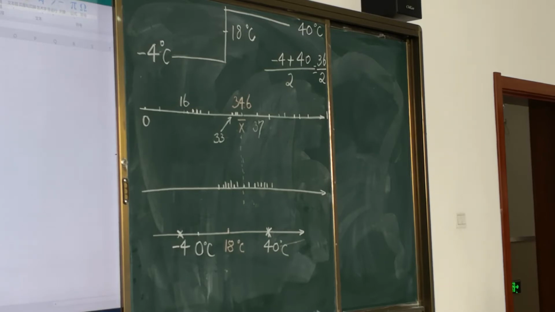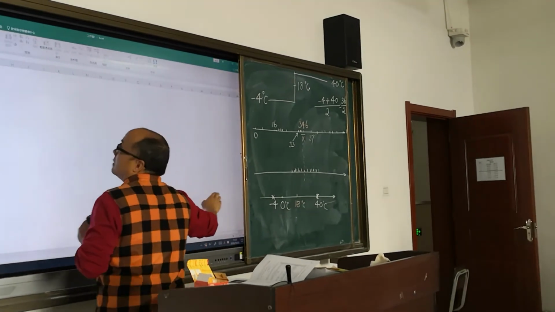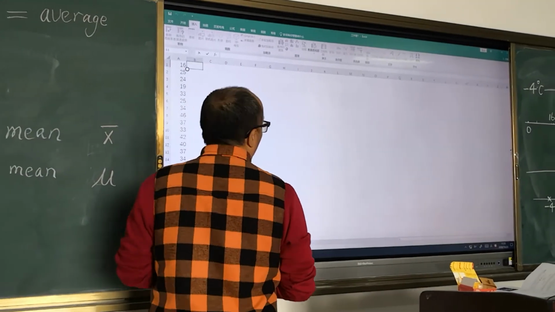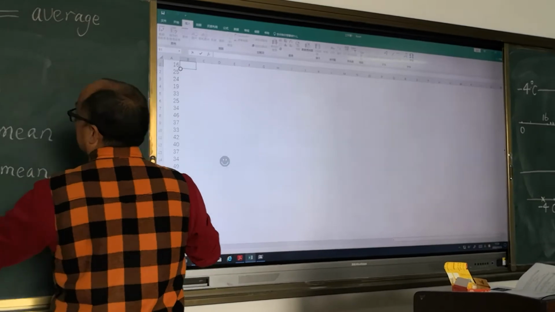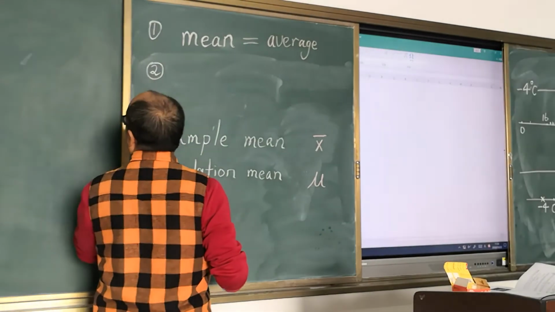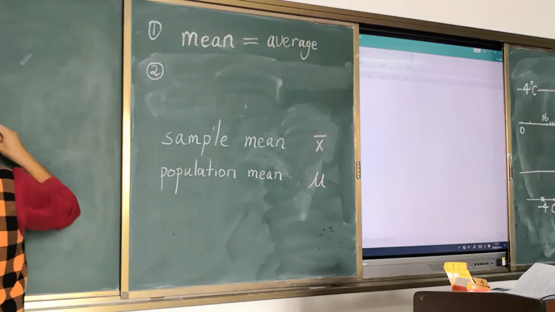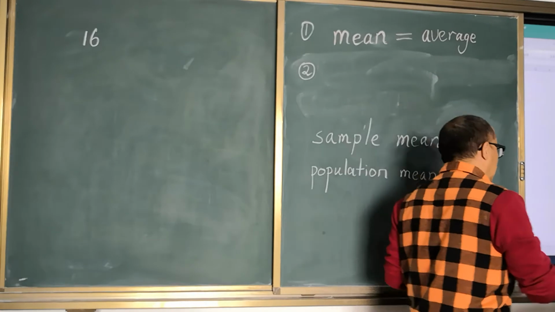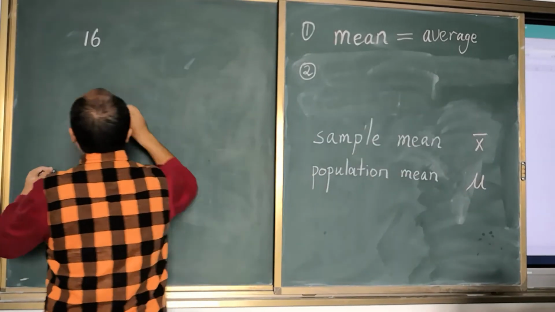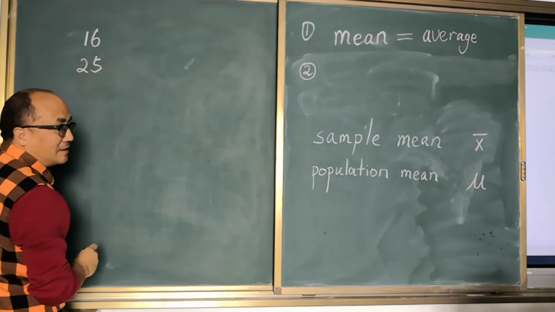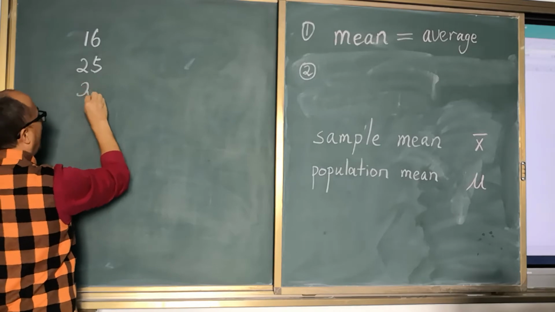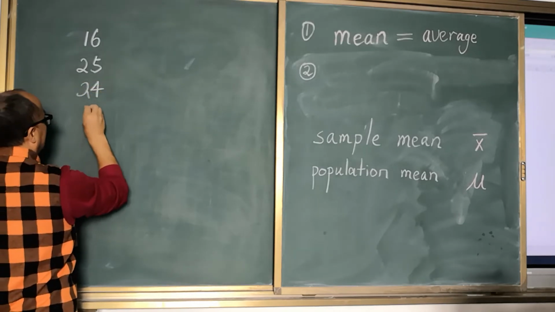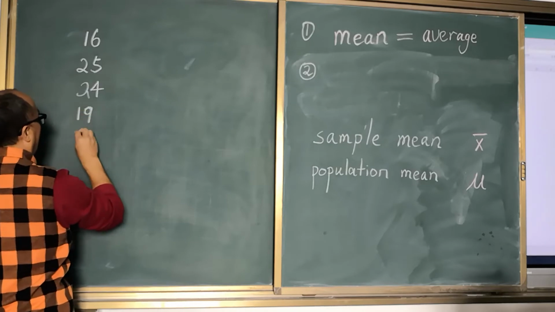So the first number is 16. Second number is 24. 19. I don't like electronics, to be honest. This is so much nicer by hand. We stop.